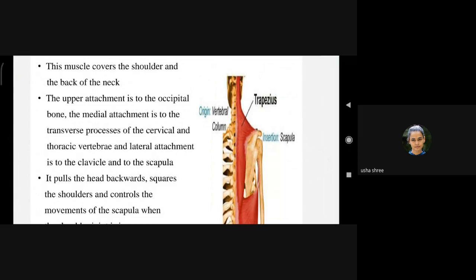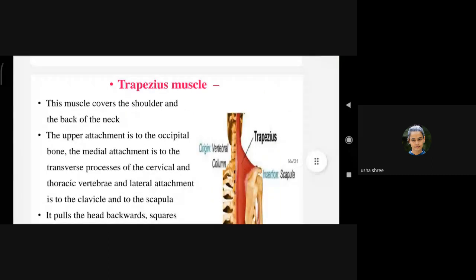The upper attachment is to the occipital bone, the medial attachment is to the transverse process of the cervical and thoracic vertebrae, and the lateral attachment is to the clavicle and scapula. Generally, muscles have two attachments: one is origin and another is insertion.